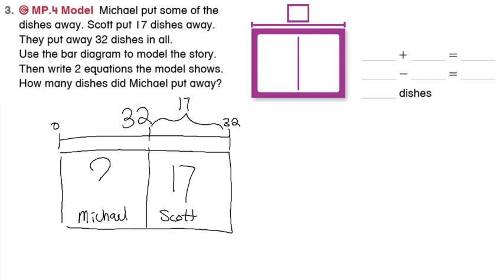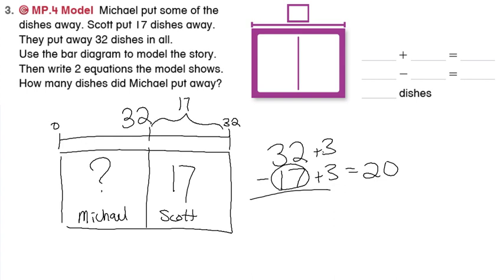So to figure out what Michael did, we have to take 32 minus 17. We're going to use what we used yesterday, and we're going to make this number an easy number to solve. So we're going to add 3 to make that a 20. We're going to add 3 here to make that a 35. And now we're going to subtract. 3 minus 2 is 1. 5 minus 0 is 5.